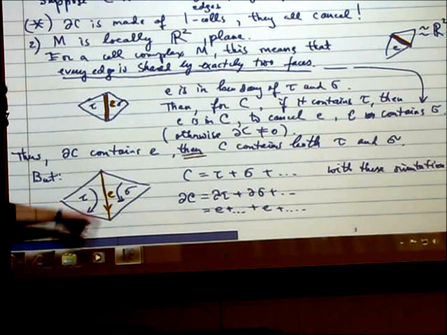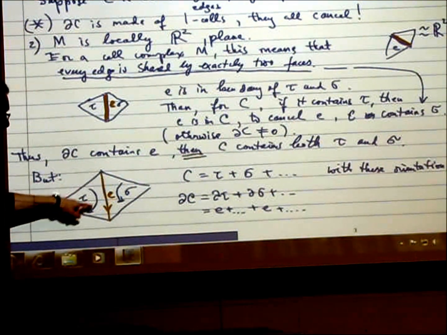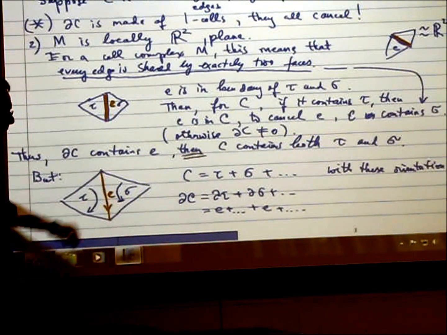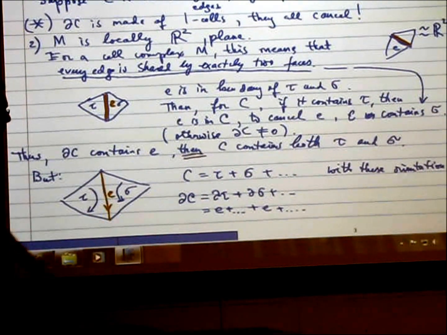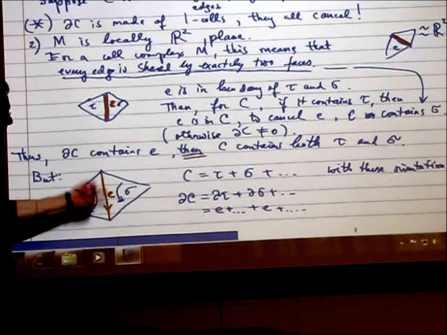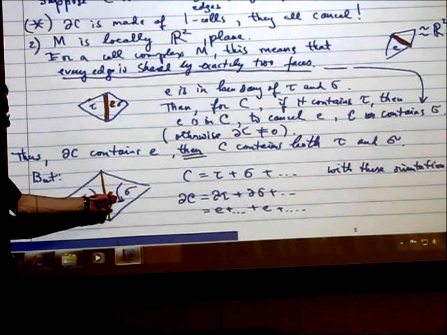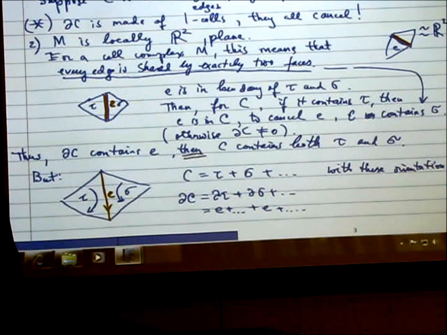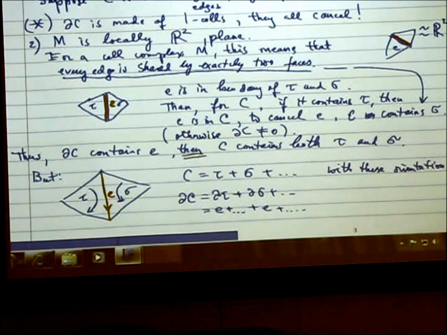The orientations are compatible. The boundary of tau is E plus these boundaries. If you take sigma, the same thing happens. It goes counterclockwise in the exact direction as E, so E appears again. So the end result is 2E plus some stuff.